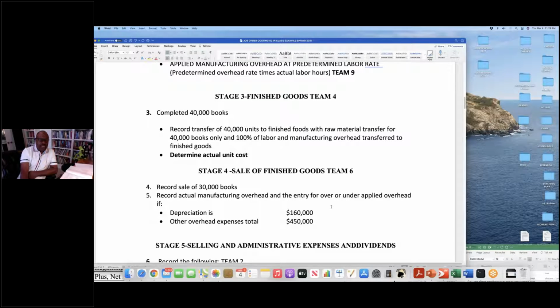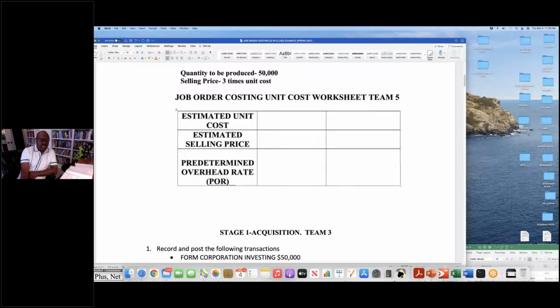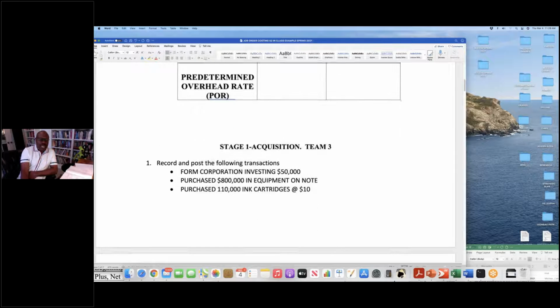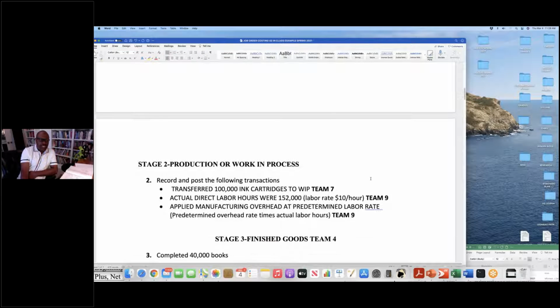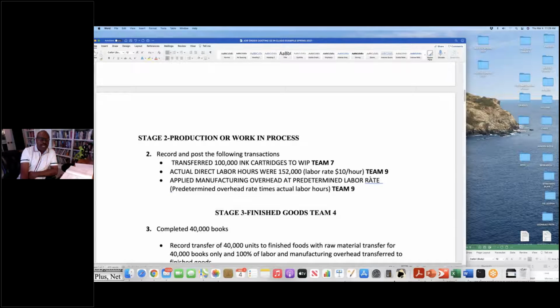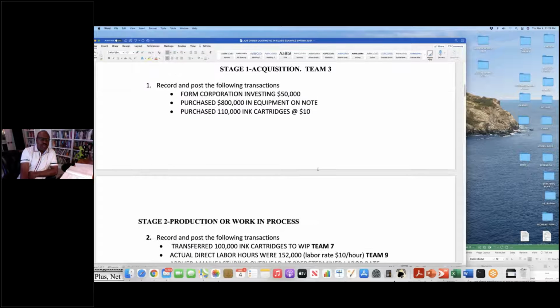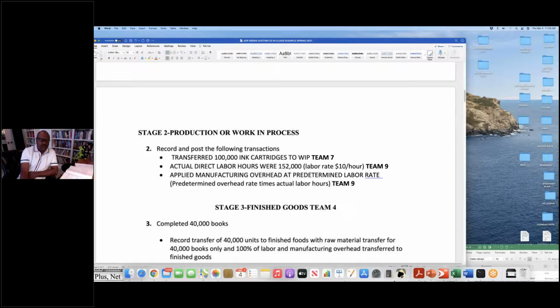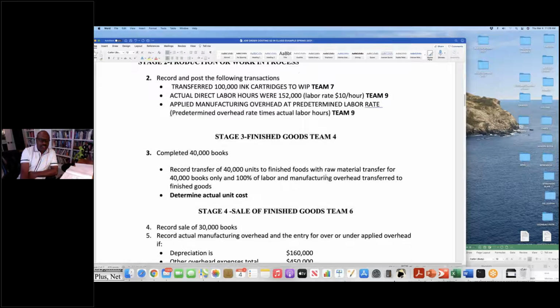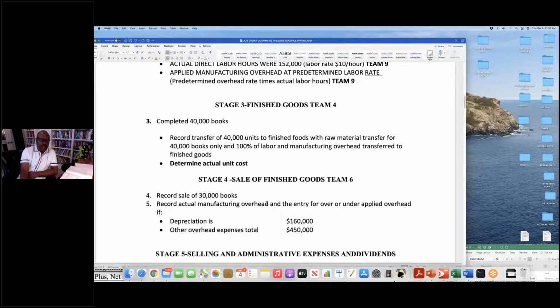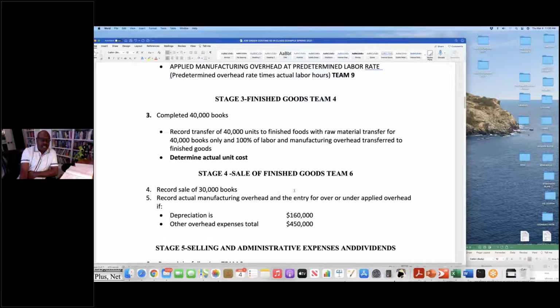So what I'm saying is, once the team completes this part of it, then it allocates stages to various team members, and they begin to work on those stages. 1 and 2 can be worked on right away. 3 has to wait. 4, the work can be done on it. And we'll talk about, but 1 journal entry, the cost of goods sold could not be done until 2 and 3 were finished.